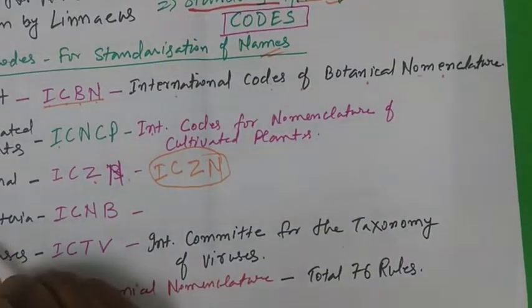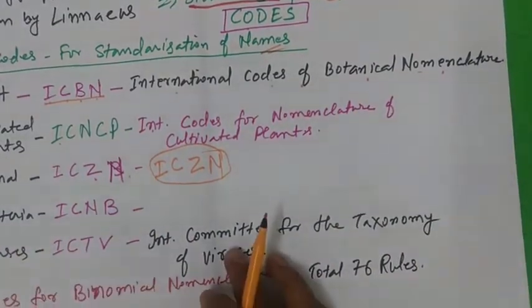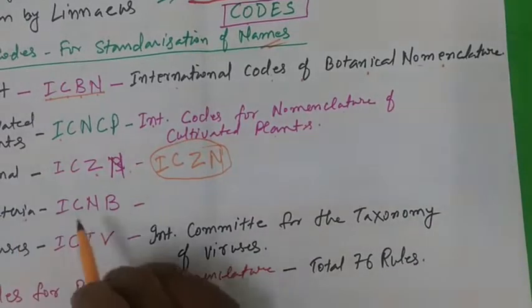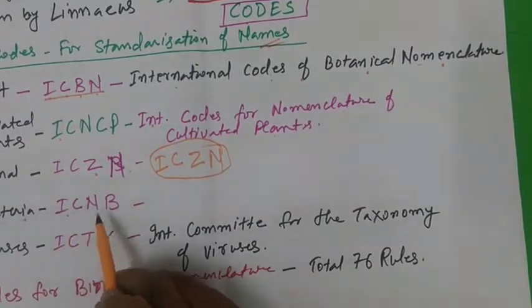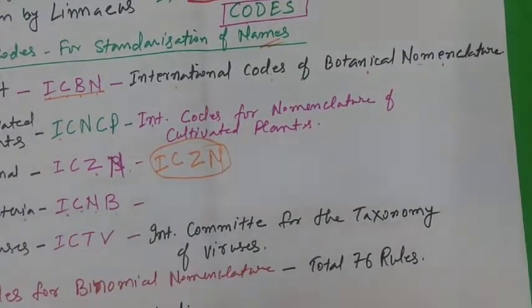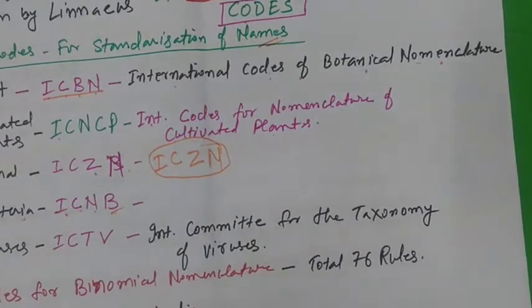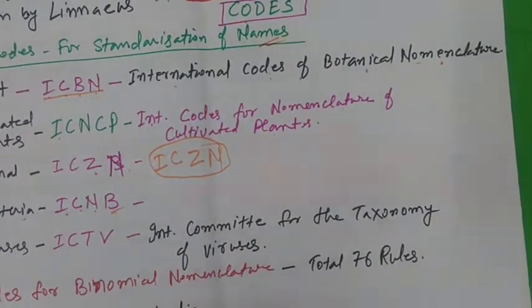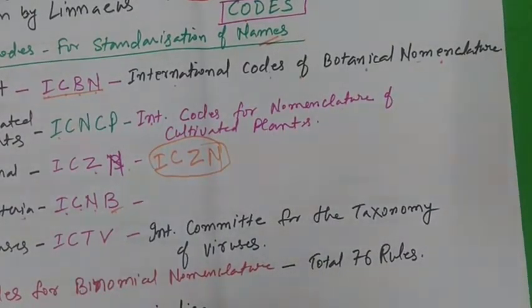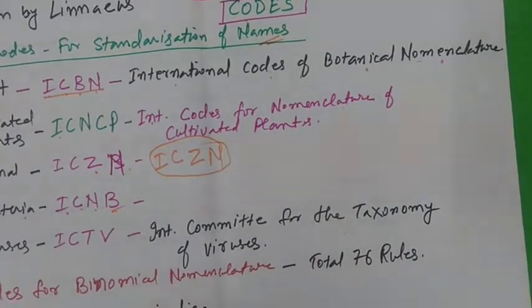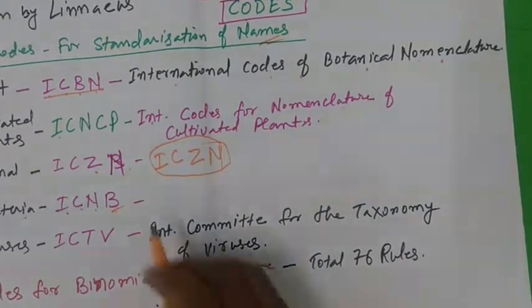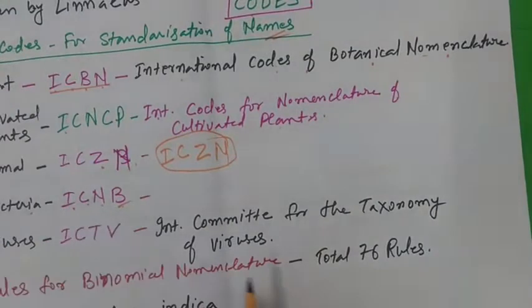The next code is for the bacteria. This is the ICNB. This is the International Code for Nomenclature of Bacteria. And then the last one is for the viruses.